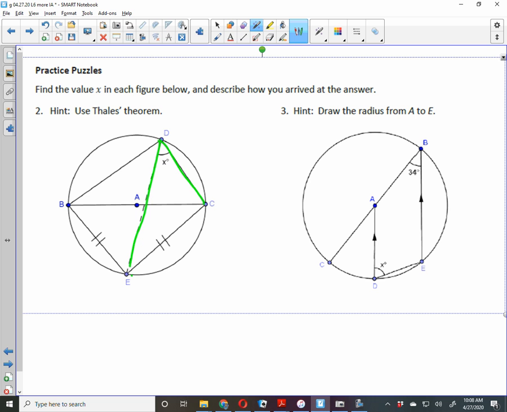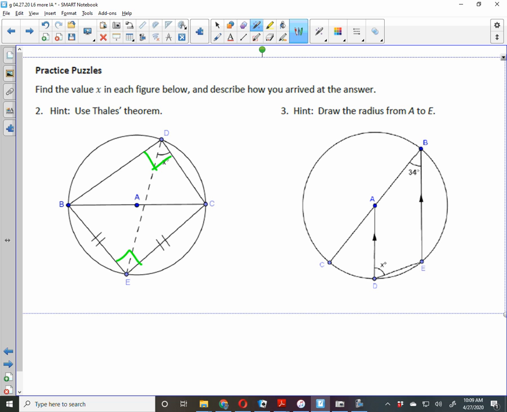That intercepts this arc. This angle here also intercepts that arc. We know that this is an isosceles triangle here. What does that mean? Well, one, we know we have right angles here.